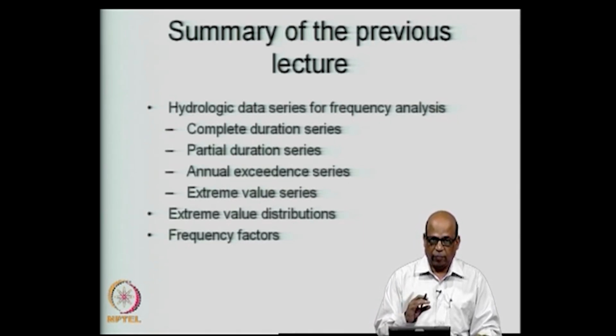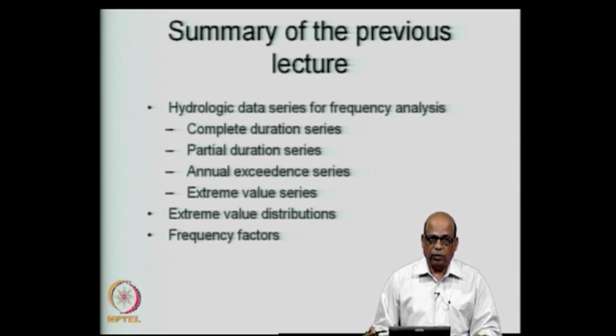If you have 40 years of data, every year you pick up the maximum value of the discharge, if you are doing it for stream flow discharges, and then constitute the series of maximum values. Most commonly we use the extreme value series, and in some cases we also use annual exceedance series, although other methods are also not very uncommon.